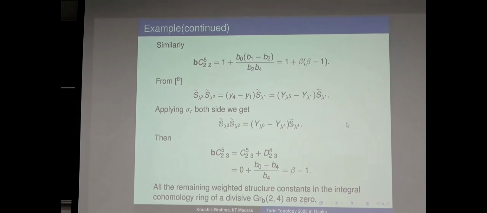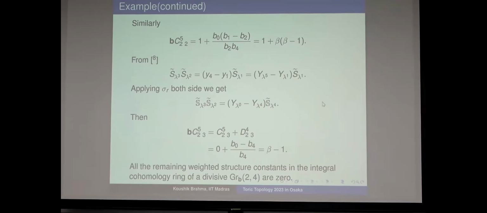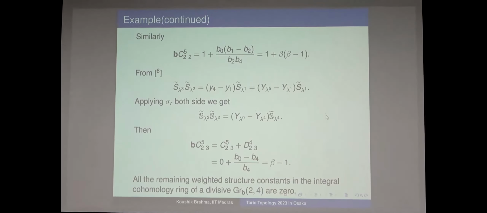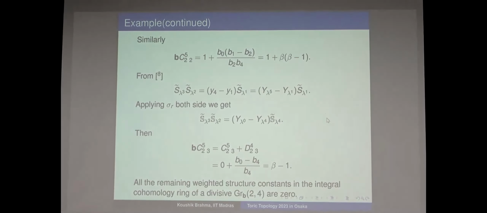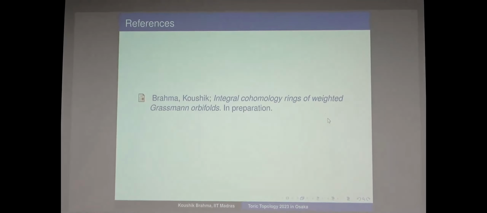Yeah, this explains the complete integral cohomology ring of this divisive weighted GR24. These results can be found in this paper. Actually, I am writing it up, it is in preparation.